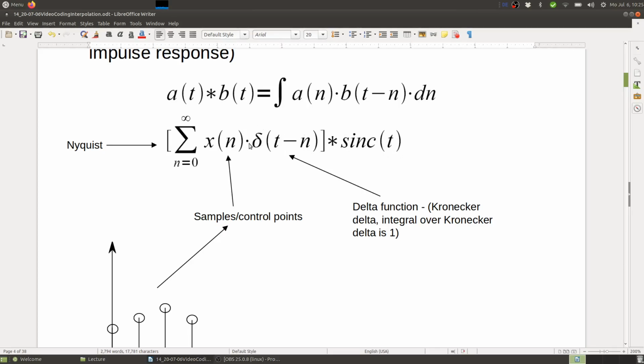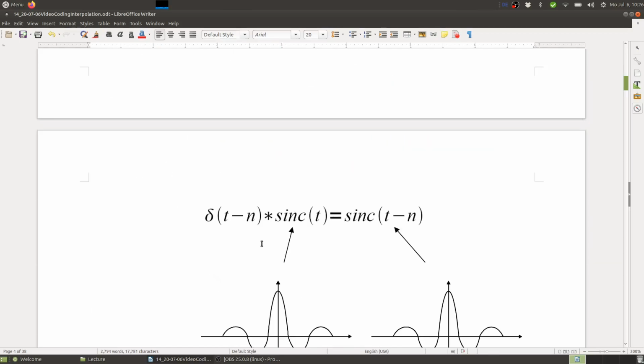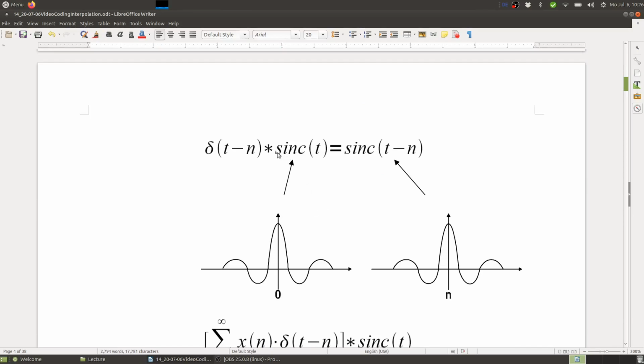Right, so here we have a shifted Dirac. The area is 1, and since it's shifted, the convolution with this is simply the shifted sinc function. So in the end, we just have a sum of x of n times sinc of t minus n. Here we have our samples, and then we convolve it, and we have those shifted versions. So here you can see it again.